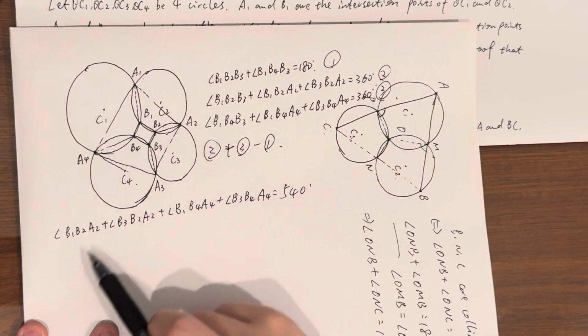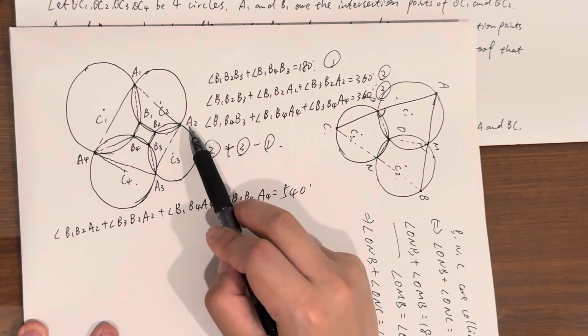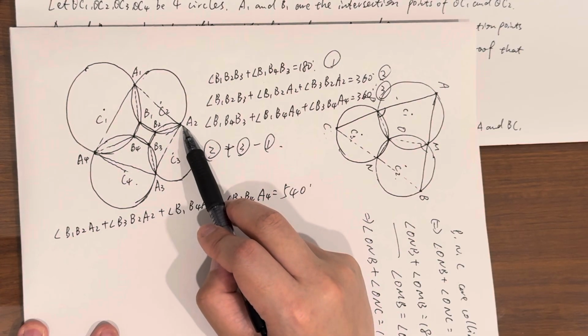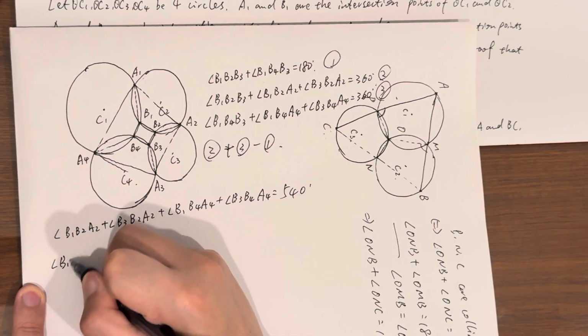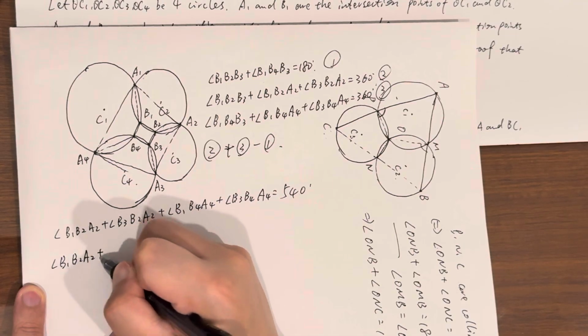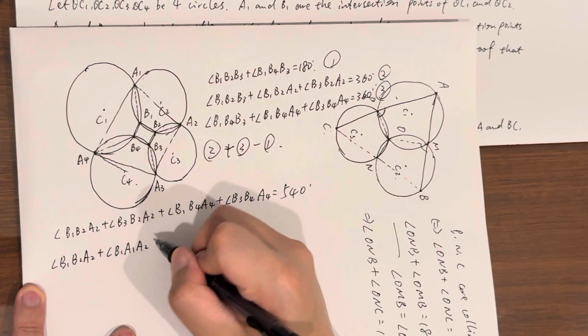And we know that angle B1, B2, A2 plus angle B1, A1, A2 equals 180 degrees, which means we can write it as angle B1, B2, A2 plus angle B1, A1, A2.